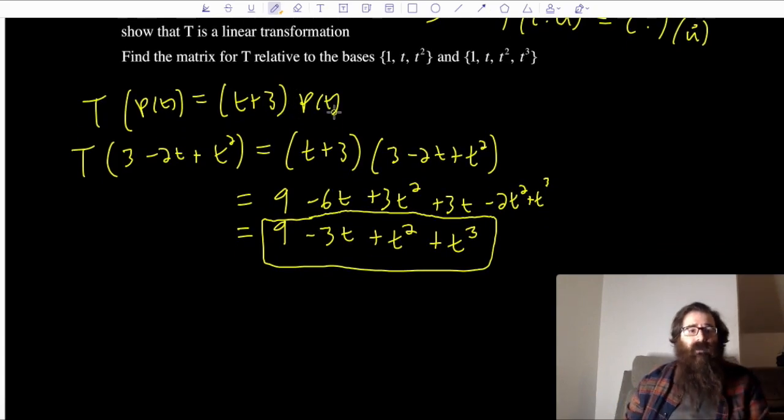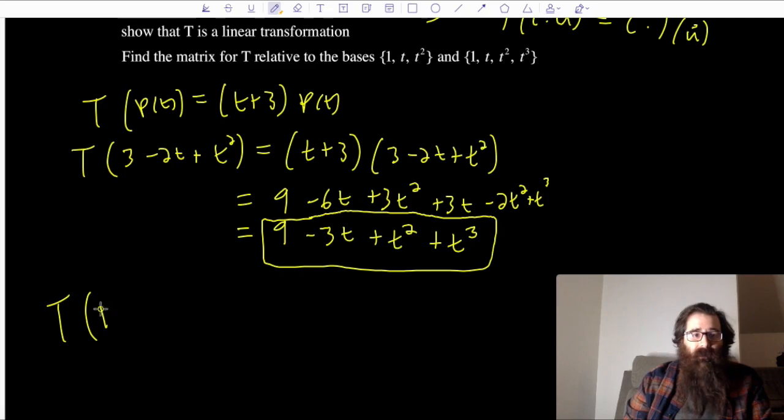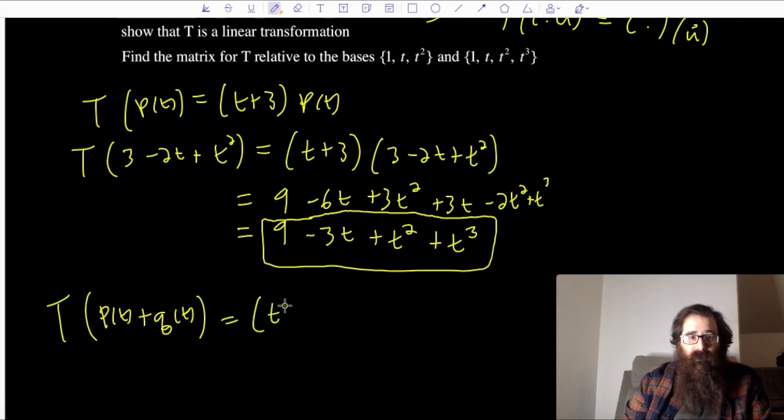So let's say that we have two polynomials, call them p and q. The transformation applied on the sum p at t plus q at t would be t plus 3 multiplied to that polynomial. I like to start by thinking about this sum as one polynomial, whatever p plus q is.